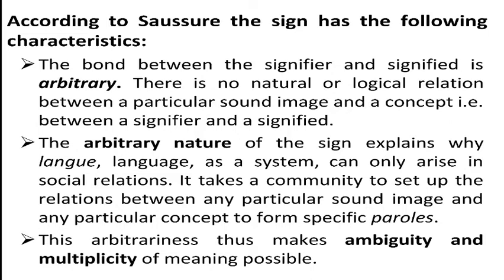It is the arbitrary nature of the bond between signifier and signified that makes this possible. This arbitrariness thus makes ambiguity and multiplicity of meanings possible. Look at the word run: one word, and it can be used in 645 different ways.